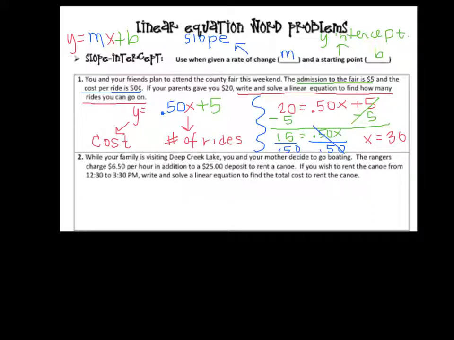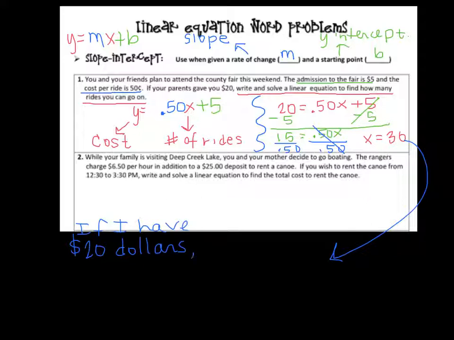So what does that mean? Did I answer my question? So the question was to solve a linear equation to find out how many rides I can go on. So if x is 30 when y is 20, that means if I have $20, I can ride 30 rides.